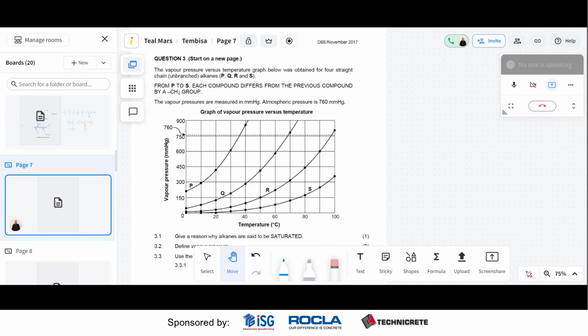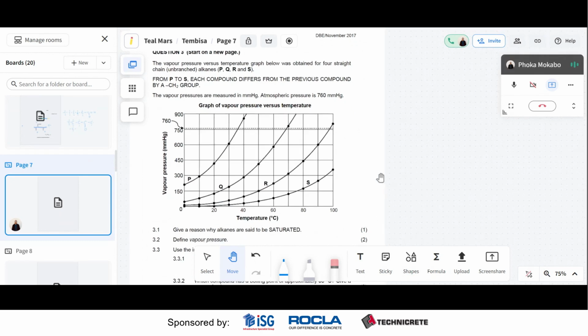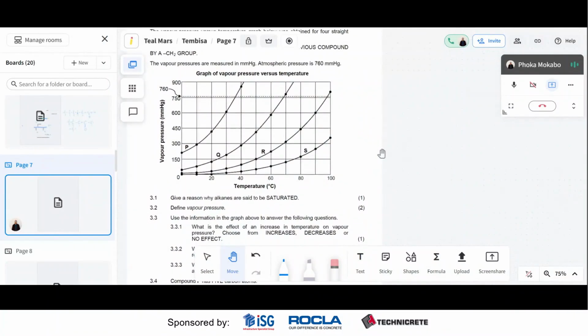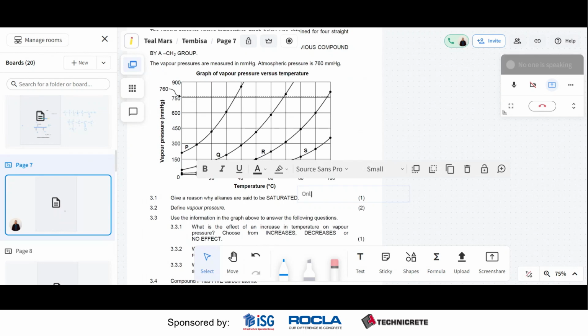Okay, cool. Let's dive right in once again. 3.1, give a reason why alkanes are said to be saturated. Very simple. The difference between saturated and unsaturated compounds is saturated compounds only, well, the carbons only have singular bonds.